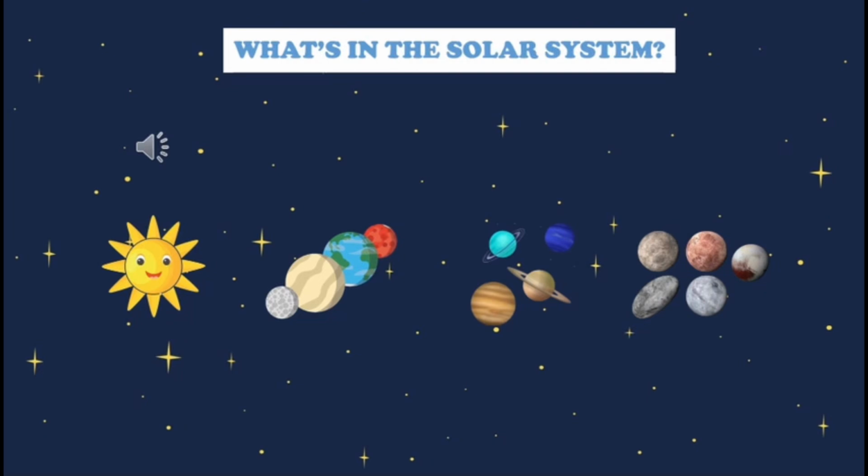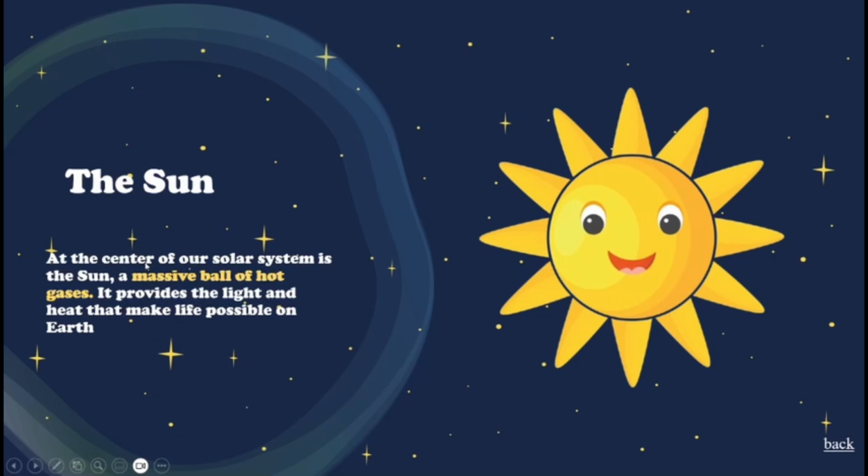So let's jump to the next slide by clicking one of the pictures below. So I click the sun picture here and it will direct us to the next slide, which is the sun. So in this slide, I applied the spatial contiguity principle, which I place the related text and visual near each other on the screen to help learners make connections between them.